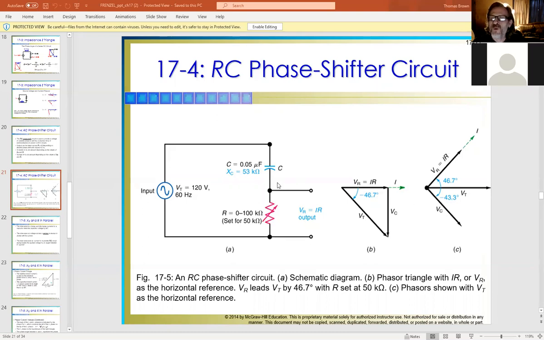So depending on what kind of phase shift you're going for, you could pick up the outputs either here or here. And that's really all this circuit's about. It's like the end point.